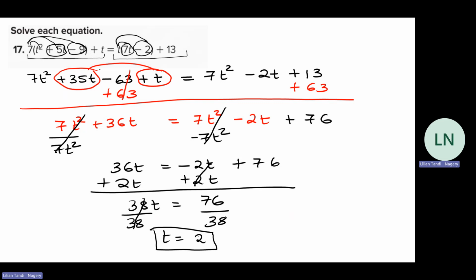The check should come from you, not from the teacher, from you. Once you get the value of your variable, substitute it back in the equation. The answer you get for the left side should be equal to the answer you get on the right side. If you get two different answers, you did something wrong.